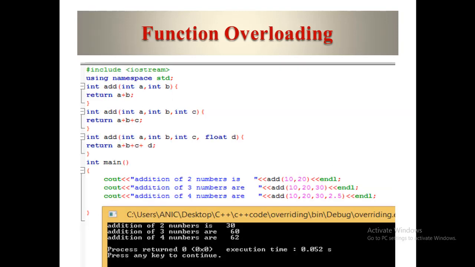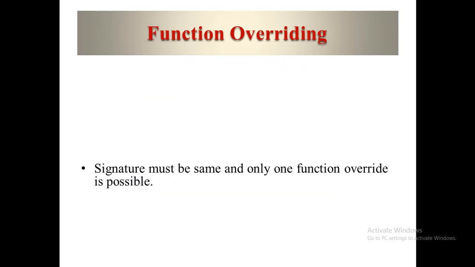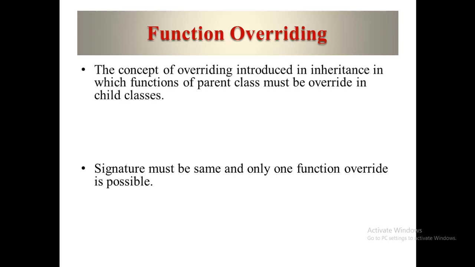The other concept is function overriding. So the next concept is function overriding. What does function overriding mean? In the scenario of inheritance, the concept of overriding is introduced, in which functions of the parent class must be overridden in the child class.